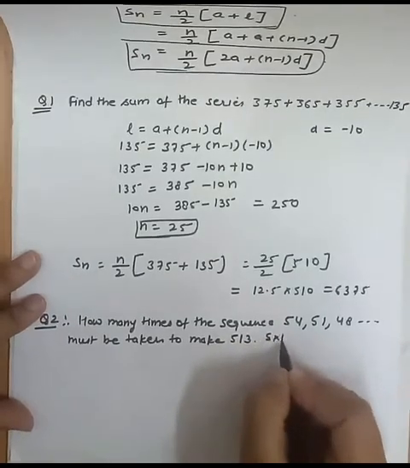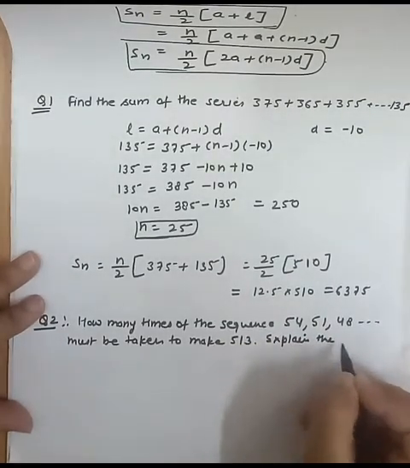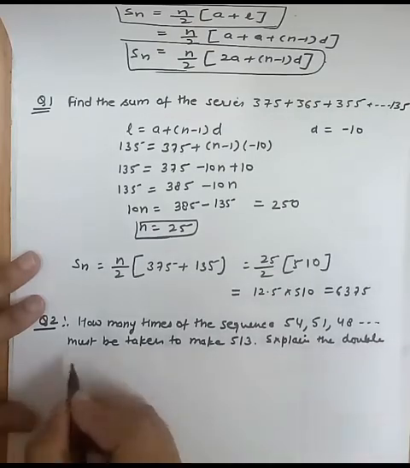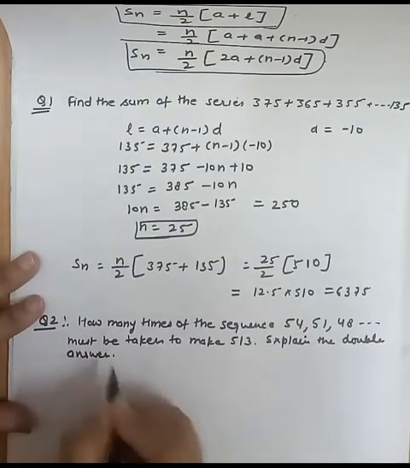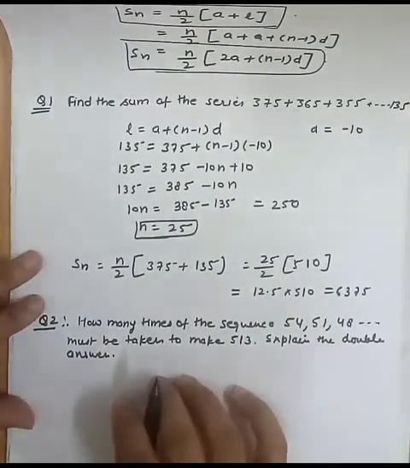Explain the double answer. It means here we get two answers.